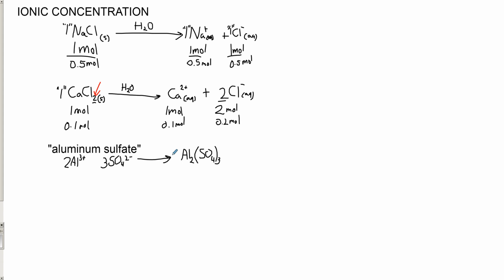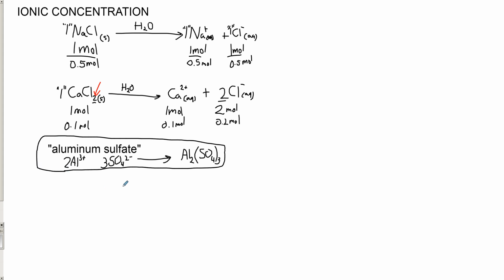So now that was just to figure out what the actual chemical formula is. Now we're going to do the dissociation equation for aluminum sulfate. So now I'm going to dissolve it. This was just to find out the chemical formula. Now I'm going to dissociate this.